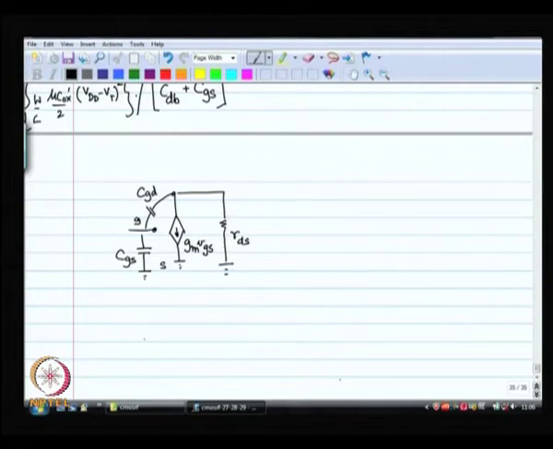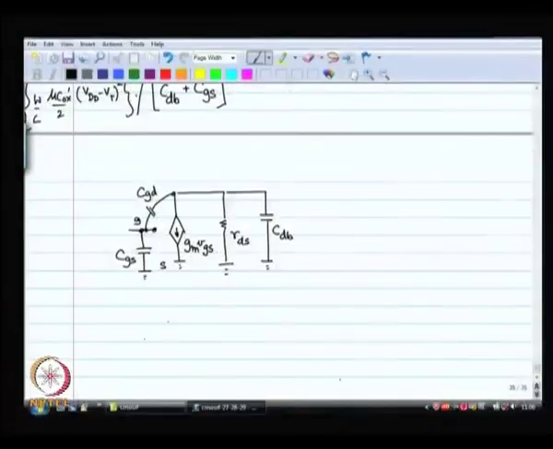I have got a drain to body capacitance, which is again the sum of the drain to body capacitance of the NMOS and the PMOS. Source to body is irrelevant because source and body are at the same potential, right. So, this is each stage, and you would like to repeat these stages.